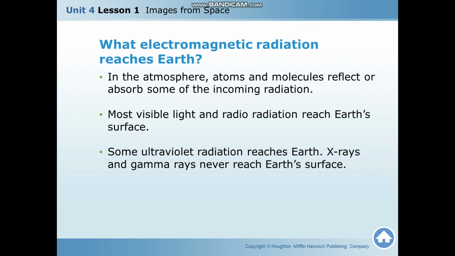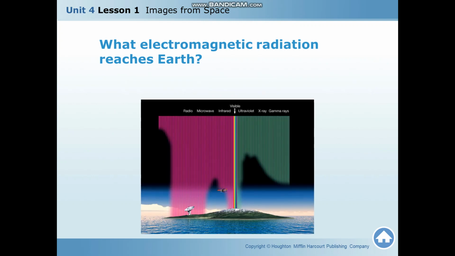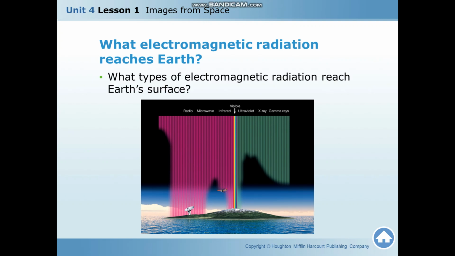Again, remember, X-rays and gamma rays never reach Earth's surface, just like what you can see in this picture. What type of electromagnetic radiation reaches Earth's surface?